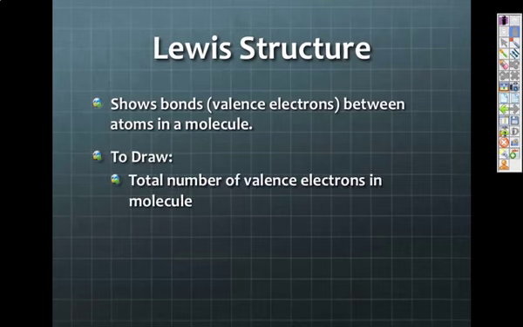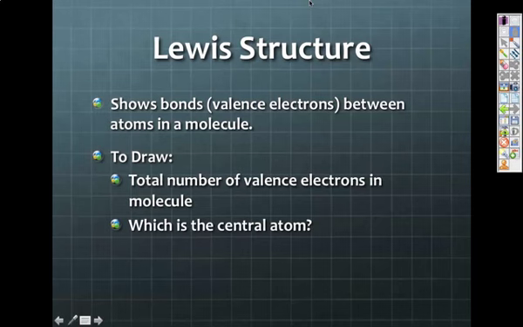To draw them out, we figure out first the total number of valence electrons within the molecule. That's going to be our final check. We want to make sure that we have the amount that we expect to have. We determine which the central atom is, and the central atom is the one that requires the most electrons.